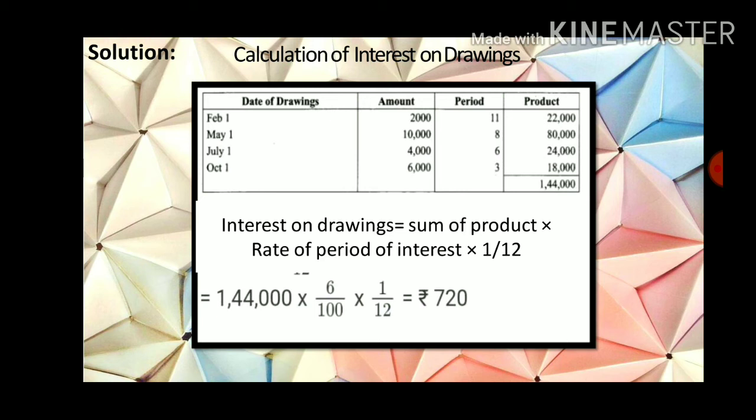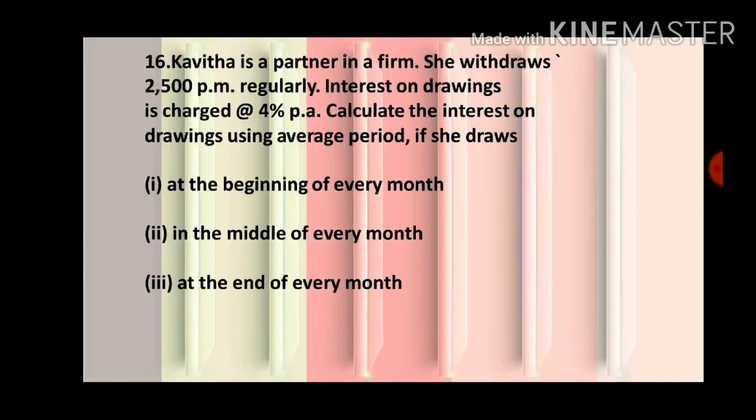And the 1 by 12 from the formula is substituted here. We only find out the sum of product in this method, so this method is known as product method. So 1,44,000 into 6 by 100 into 1 by 12, we get rupees 720 as the interest on drawing. Then exercise number 16.